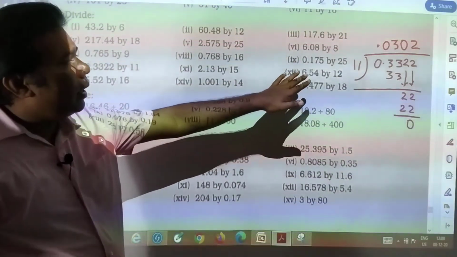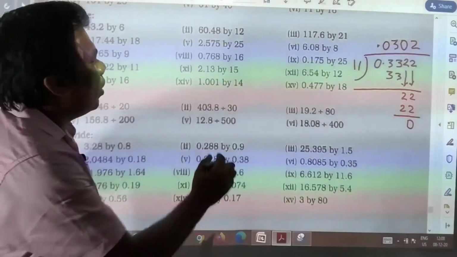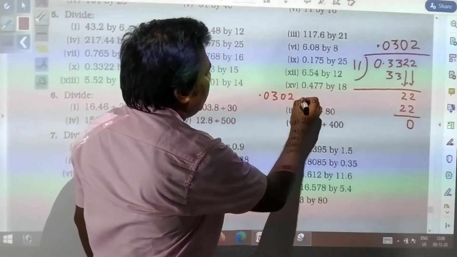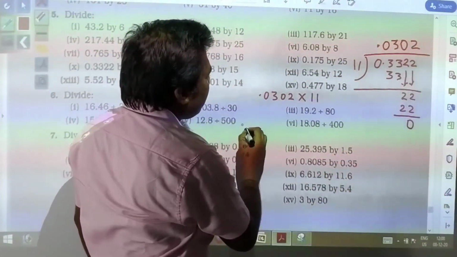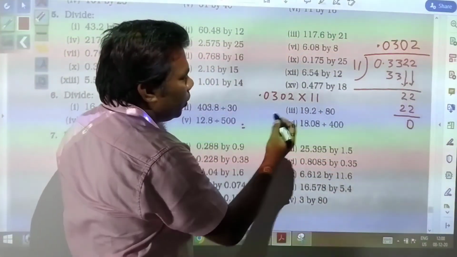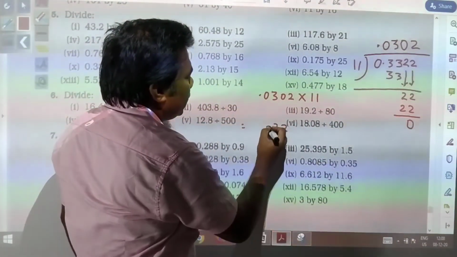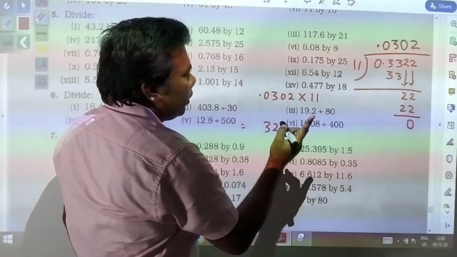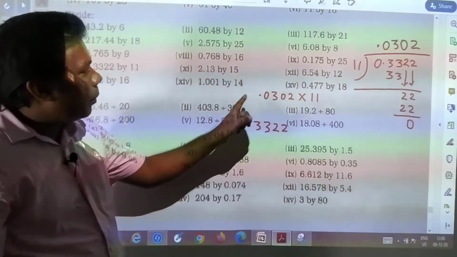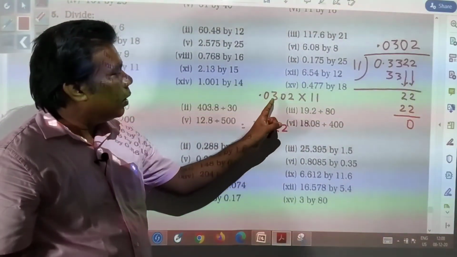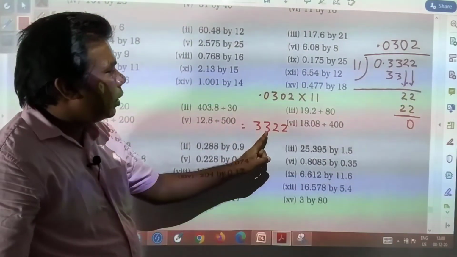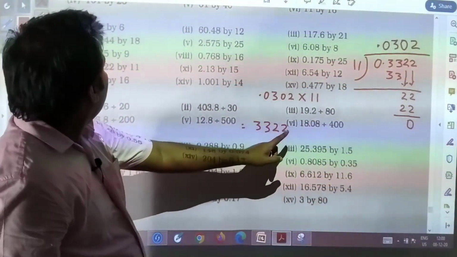If you need to find out this answer is correct or not, just you check 0.0302 into 11. 11 2 ja 22. 11 0 0 and 2 2. 11 3 ja 33. 3 you have, 11 0 0 and 3 3. Now you see after decimal how many digits you have? 1 2 3 4. So here you need to put 1 2 3 4.